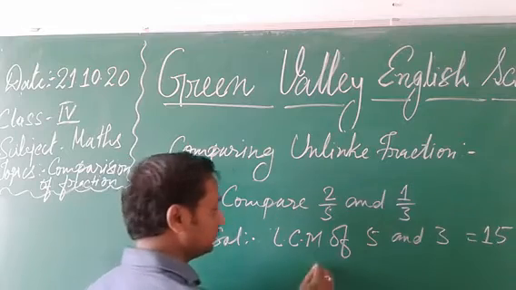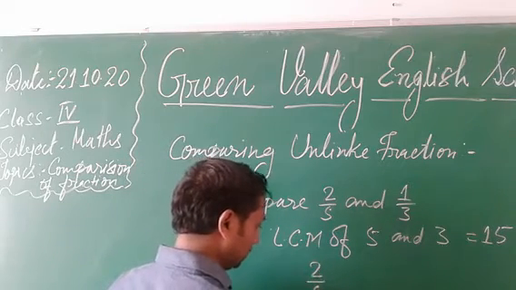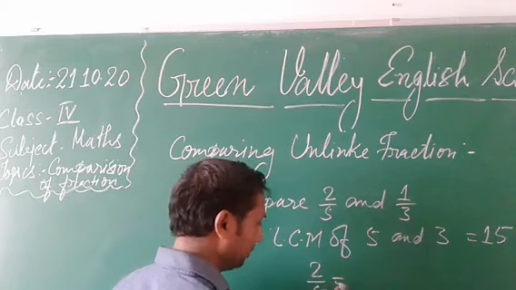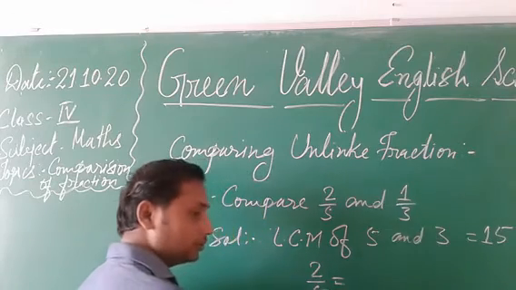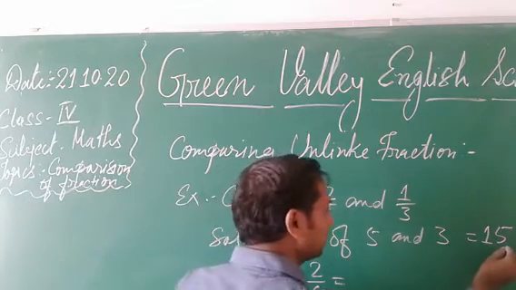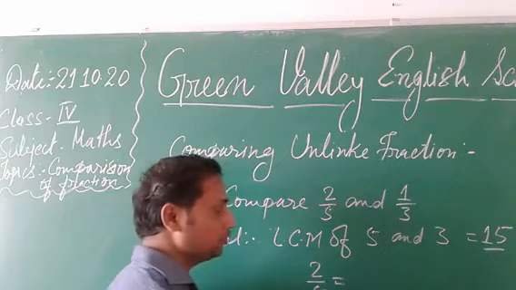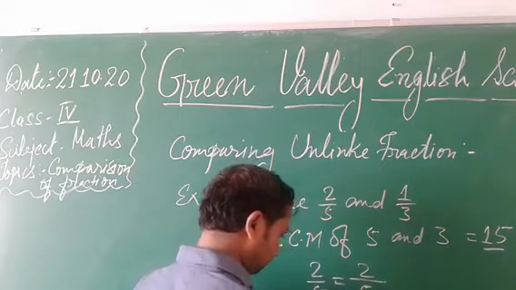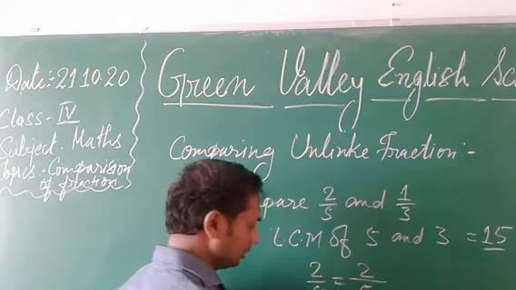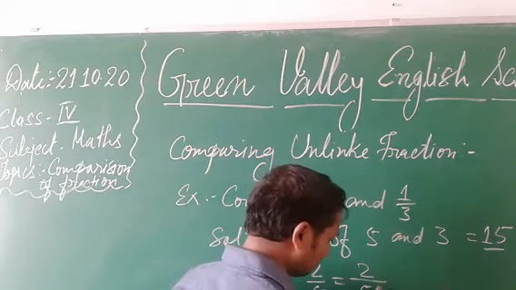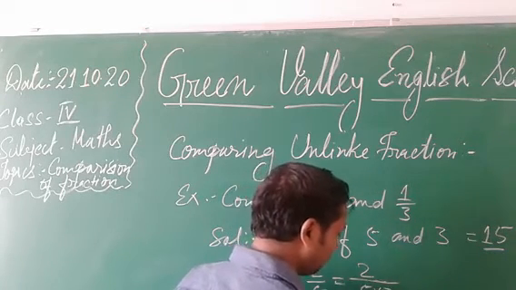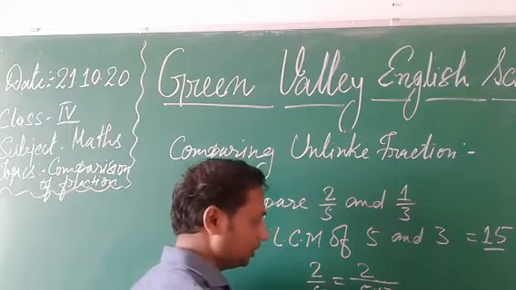So now students, we take the first fraction 2/5 and we make its denominator equal to the LCM. Now here the denominator is 5. So for making it 15, we have to multiply by 3 in the denominator.